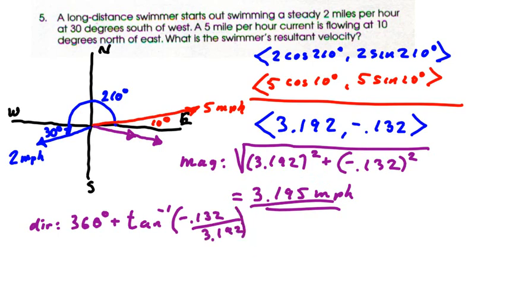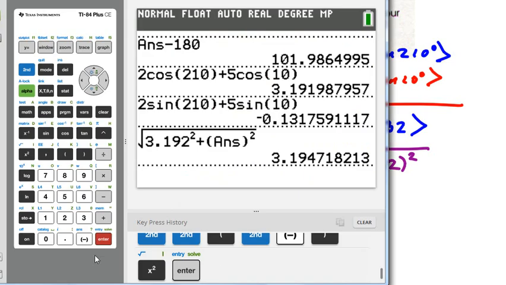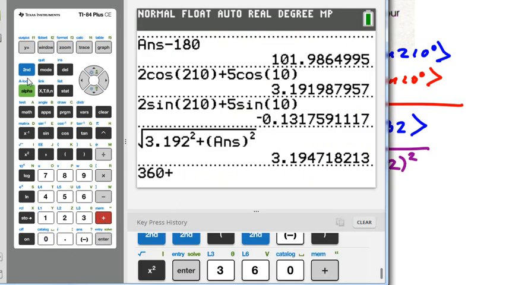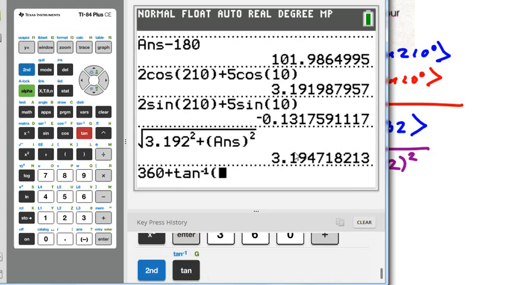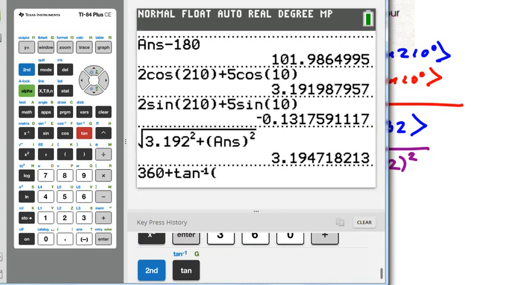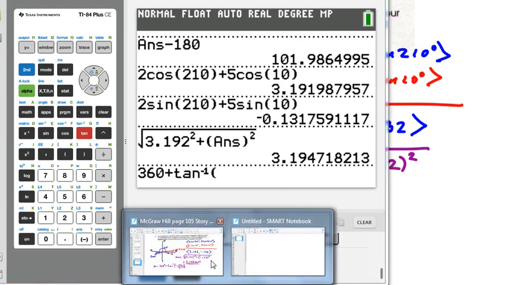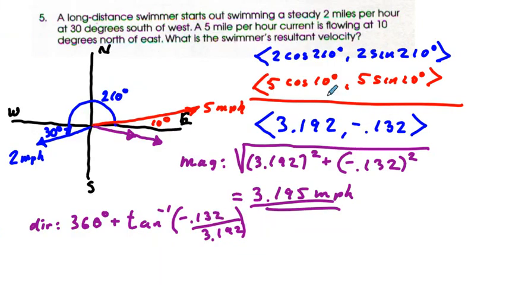That's what it's going to look like. So we get to our calculator. We put 360 plus inverse tangent of y over x. Let me see if I got it right. Make sure I got this right here. Yeah, negative 0.132.